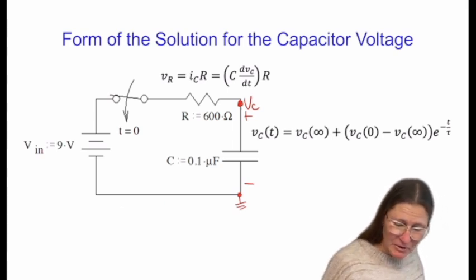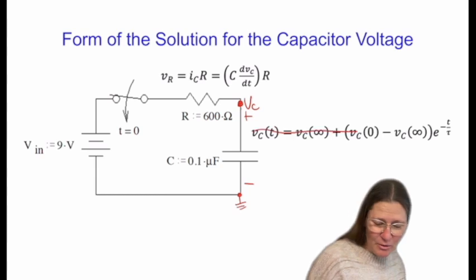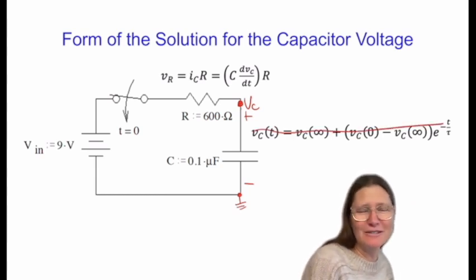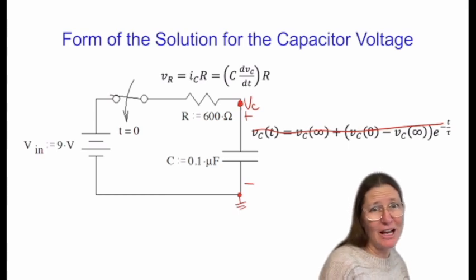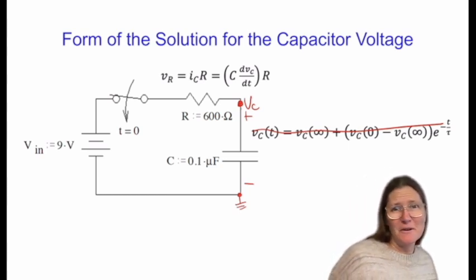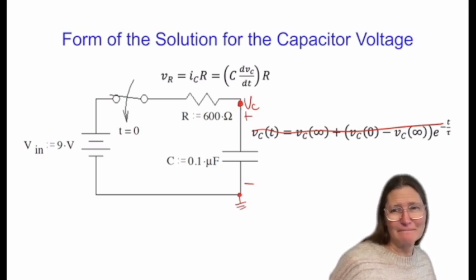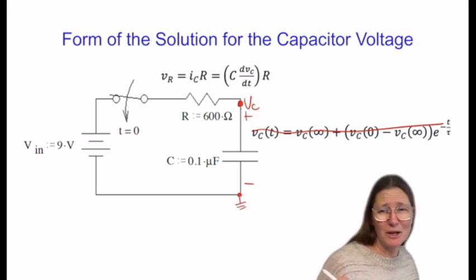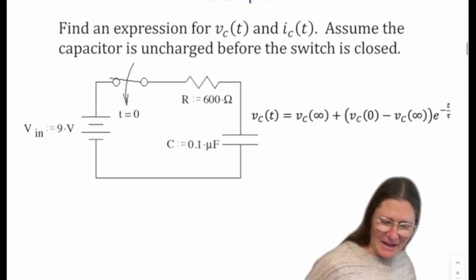Anyway, it will be a really ugly equation, because at this stage you don't know this value yet. So VC will be a division between the resistor and the capacitor, and the impedance of the capacitor is not necessarily just 0.1 microfarad. So I'm going to skip this one. Okay, let's keep going on.